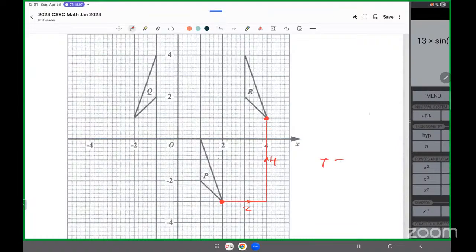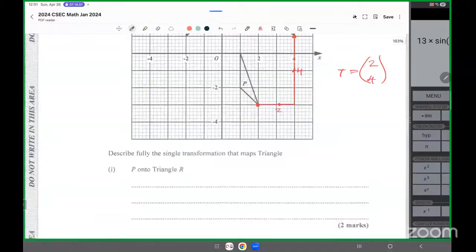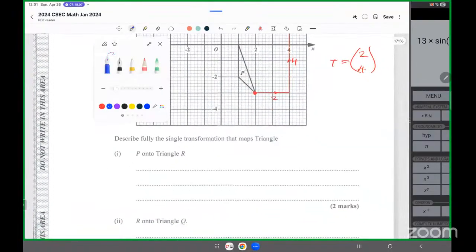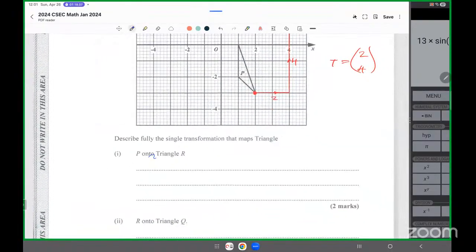So the translation is (2, 4). See that? 2 units to the right, 4 units up. Just need to see what happened to one point. So P maps to R, the transformation P to R is a translation, 2 units to the right.